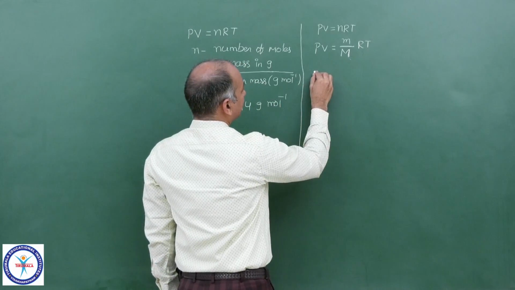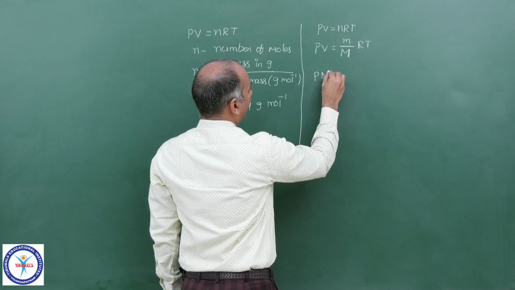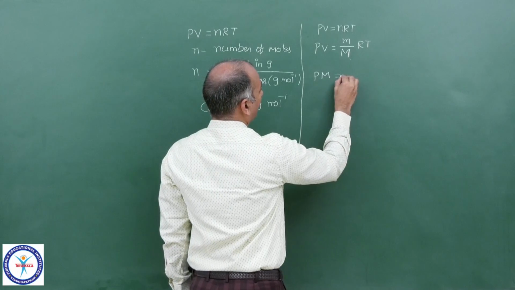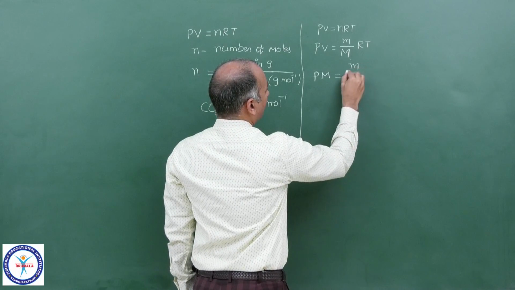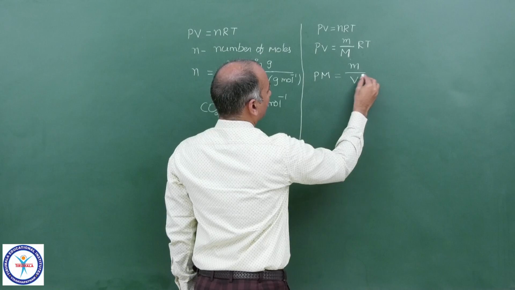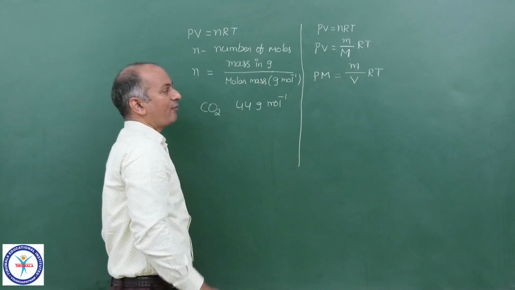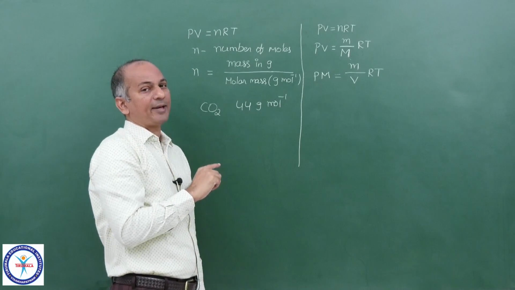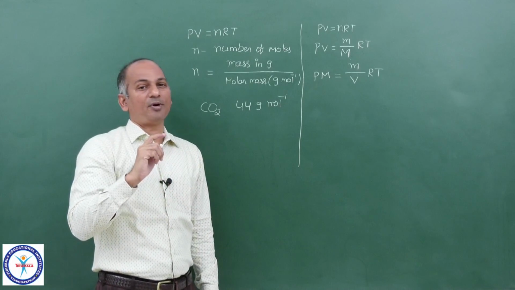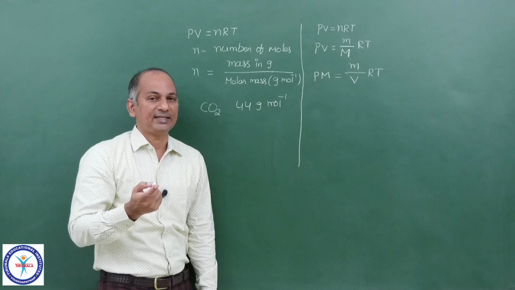Now we can write down this as P into M. If you rearrange slightly, P into M is equal to small m upon volume into R into T. And what is that small m upon capital V? Mass upon volume, mass density.